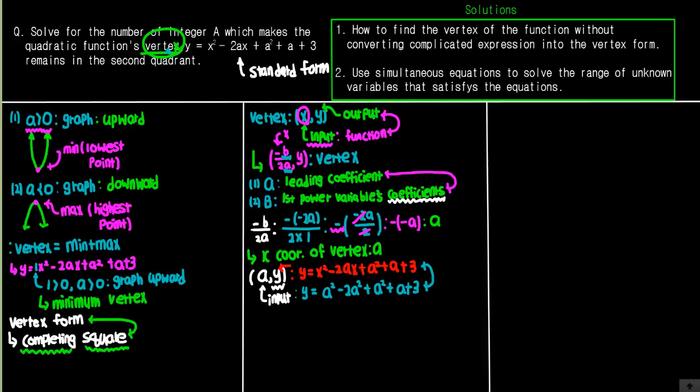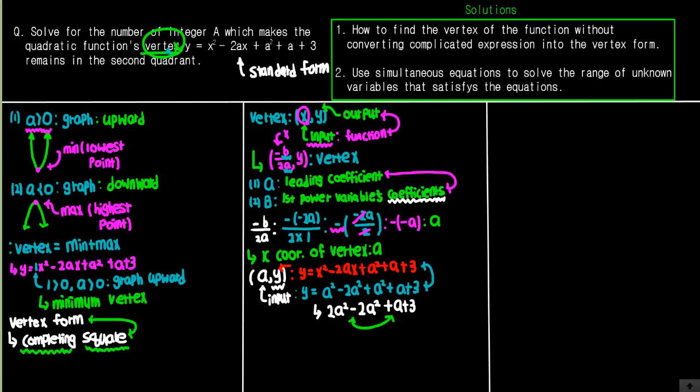A squared plus a squared becomes 2a squared. We have minus 2a squared. And we have our leftover, which is plus a plus 3. So 2a squared minus 2a squared simply sums up to 0, and we still have plus a plus 3.